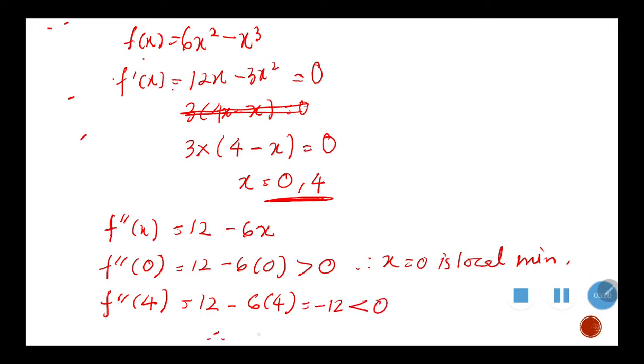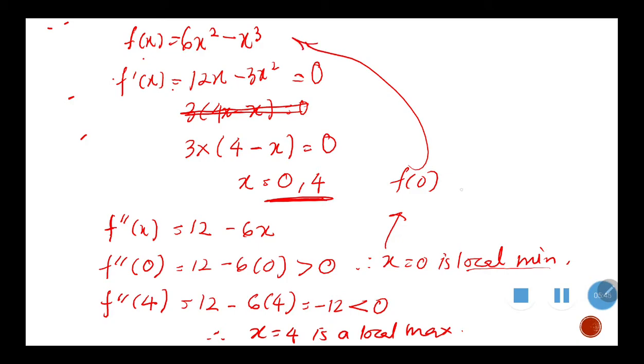So in this case, x equals 4 is a local maximum. If we want to know the values, you have to find them: substitute x equals 0 into the function f(x), and you will get 0. So f(0) is 0 at the local minimum.